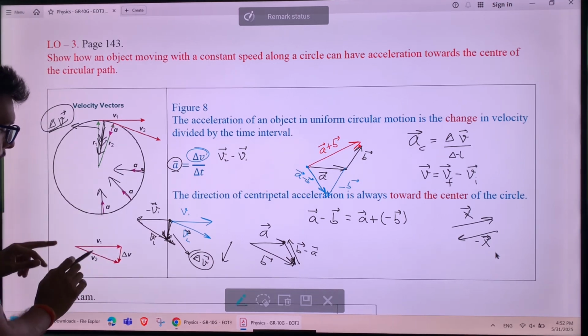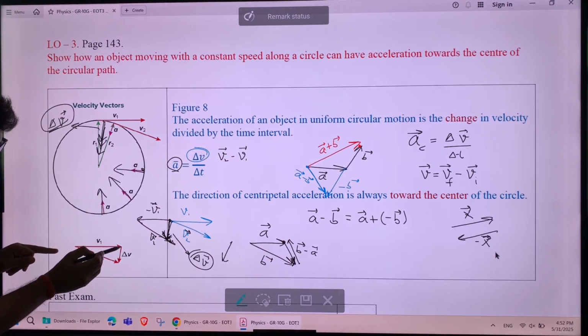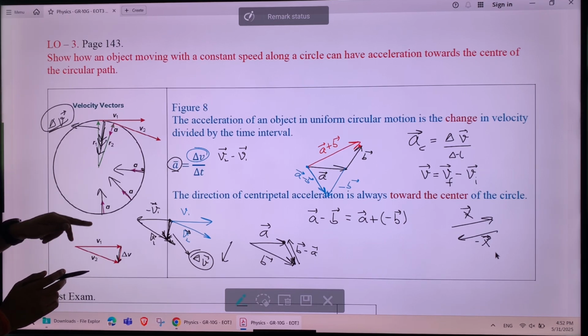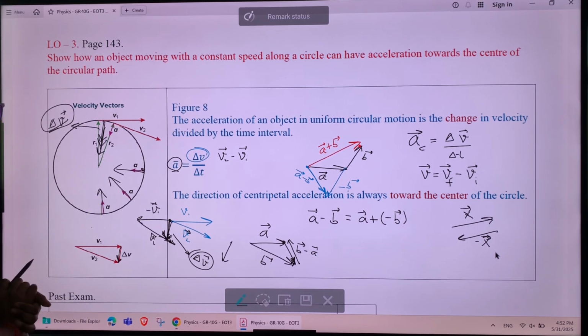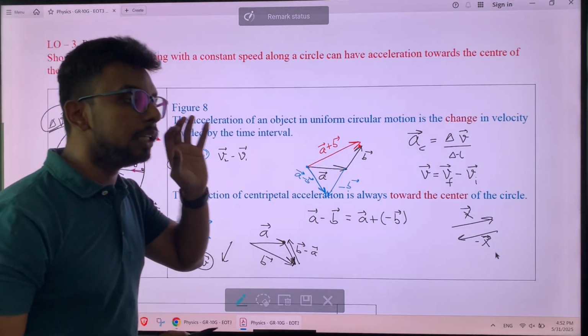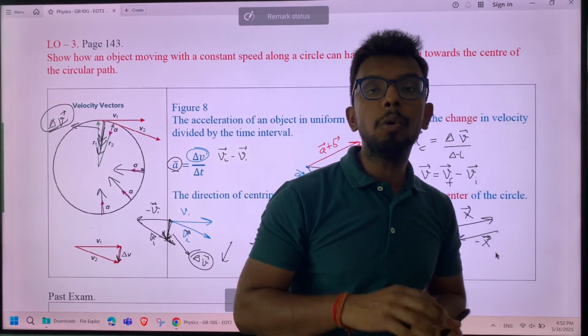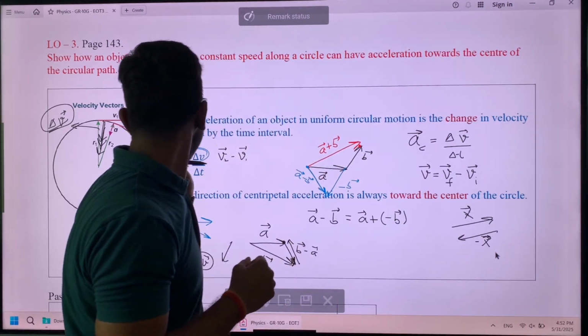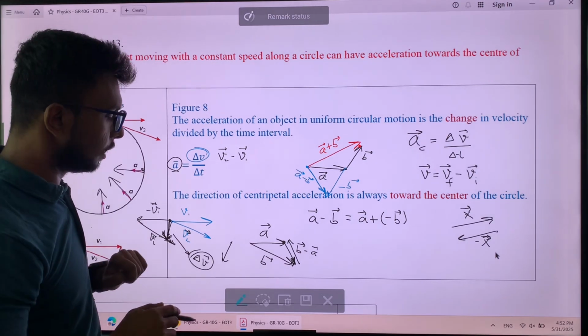So in this case, if this is V1, this is V2, then this is represented by delta V. If this was V2 and this was V1, then delta V would have been opposite. So anyway, this is the representation of how, even in a uniform circular motion, an object is always pulled towards the center, and that provides the centripetal acceleration.